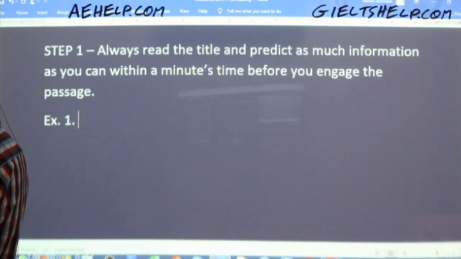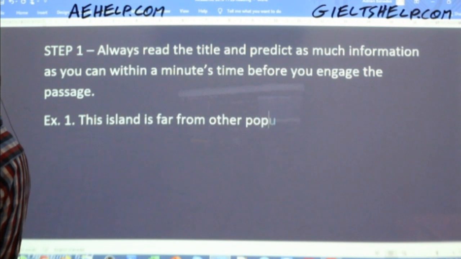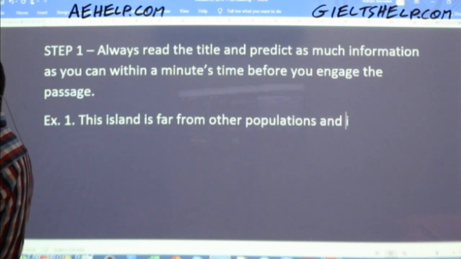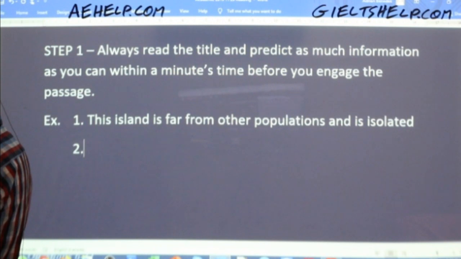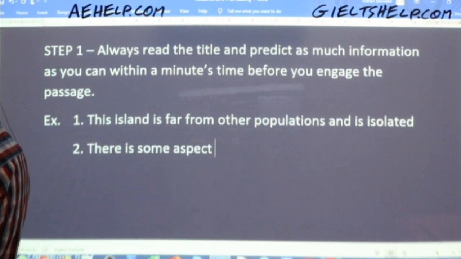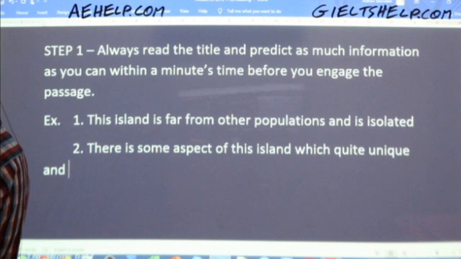So point one, this island is far from other populations and is isolated. Yeah. And the second point that you should realize is that probably there is some aspect of this island which is quite unique and interesting for people.